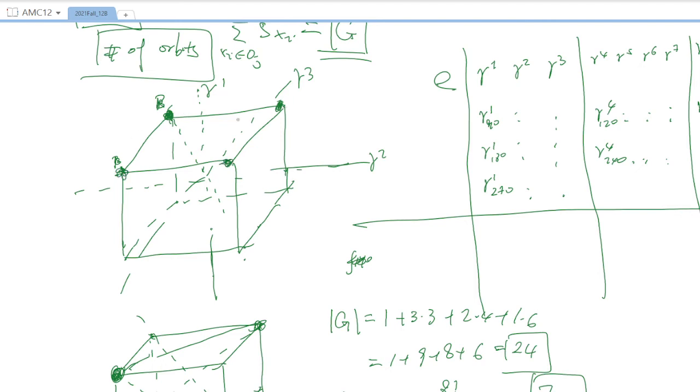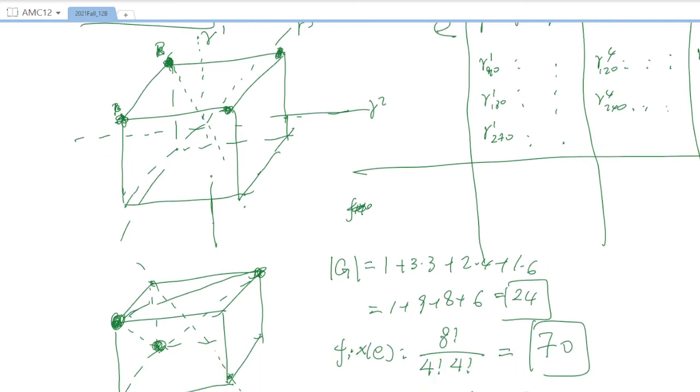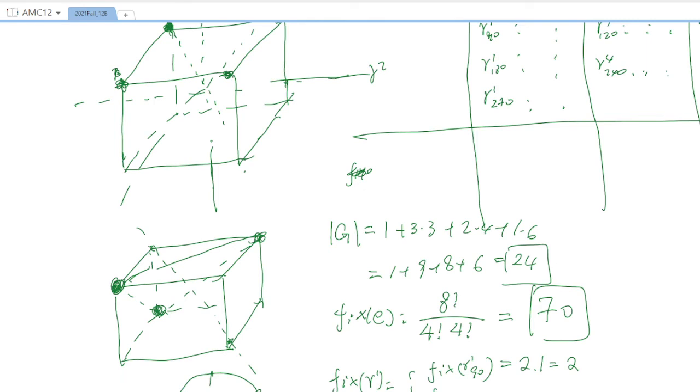So these 4 colors must be the same. It's a constant, so we either pick blue or white here. So there are 2 ways to put on the top, and only 1 way to put on the bottom. That's 2. And it's the same thing for R of 270, because it's clockwise or counterclockwise. So it's 2 times 1 equals 2.